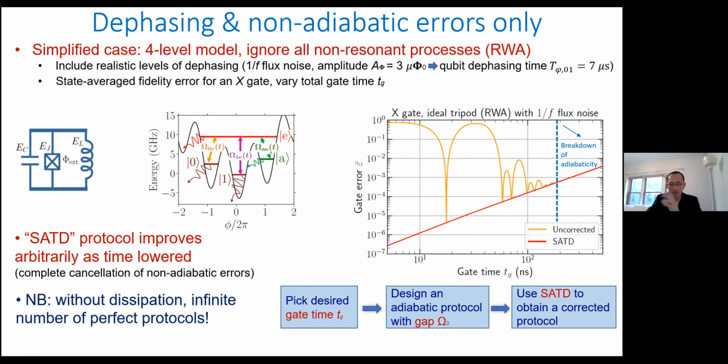Whatever value of omega naught you pick, there is a corresponding perfect SATD protocol that you can use to correct for the non-adiabatic errors. And I will show you later on that you can use this degeneracy of perfect protocols to further mitigate the current errors due to the extra levels that we need to consider.